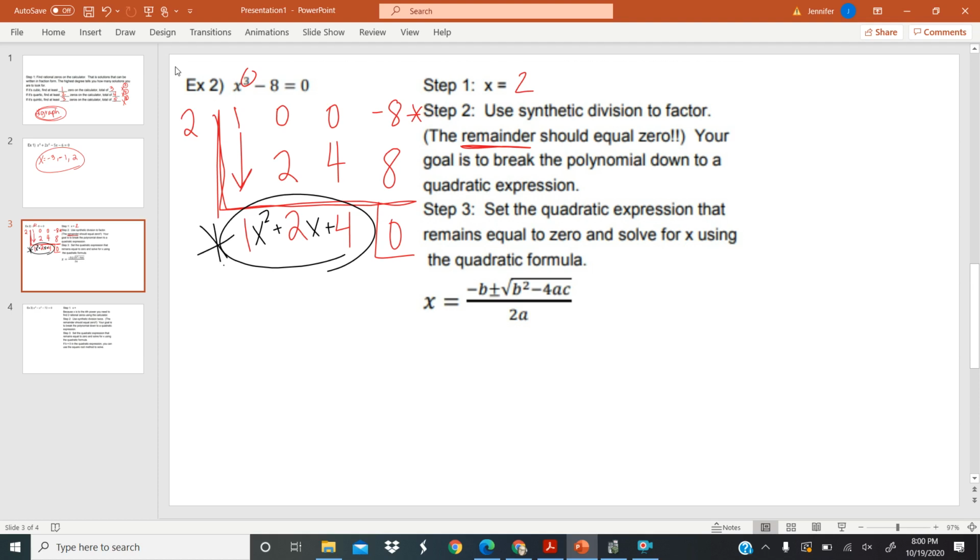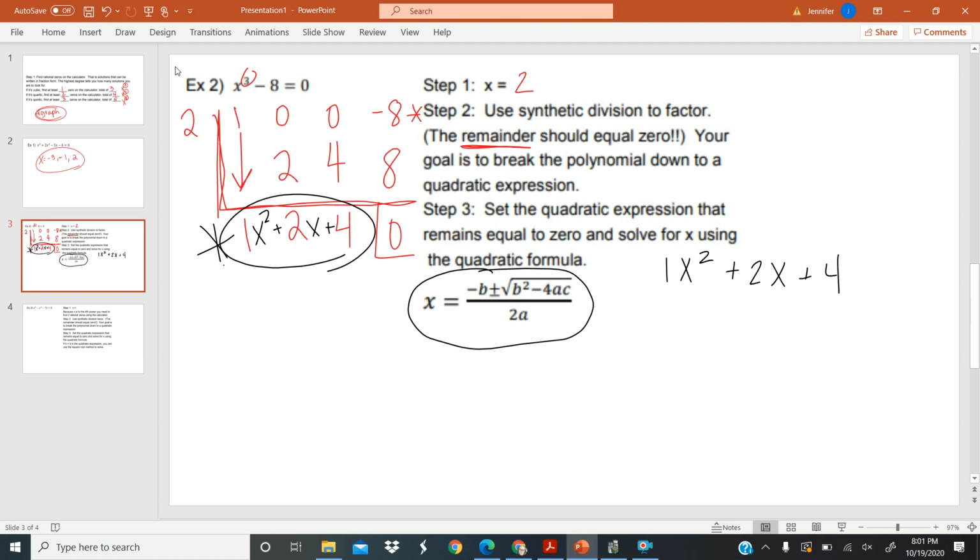And the way that you do that, if you remember from previous math classes, is you can use the quadratic formula, which is x equals -b plus or minus the square root of b squared minus 4ac, all over 2a. And so in this scenario, we have 1x squared plus 2x plus 4.